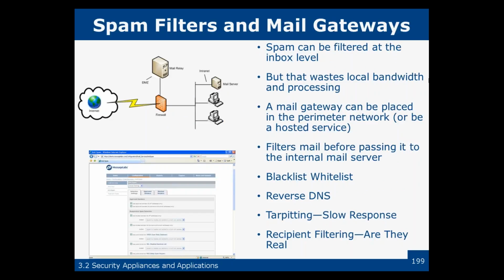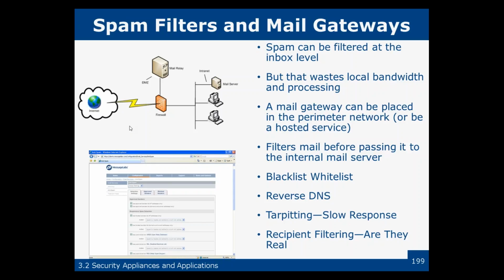Spam filters and mail gateways. Spam filters, I mean, on our private computers, we probably have a little spam filter. When it gets here, it goes into the junk email, and that's fine for us. But if you're on a large corporate network, if we accept all of that spam into your network, you've wasted bandwidth and processing power.